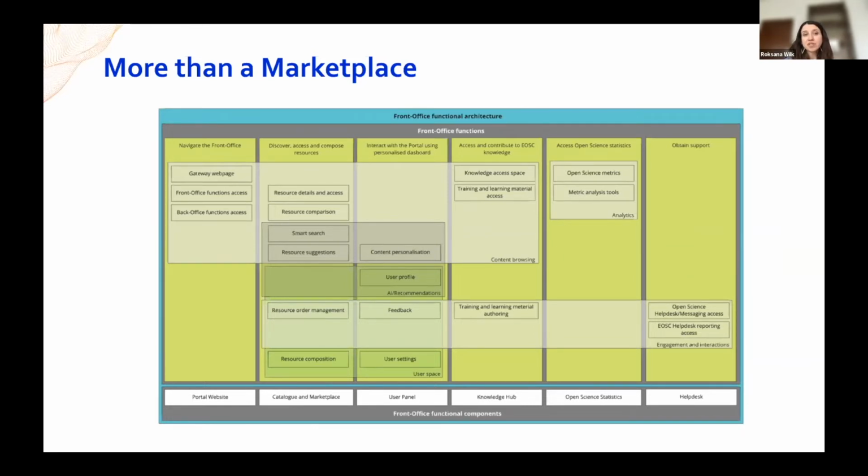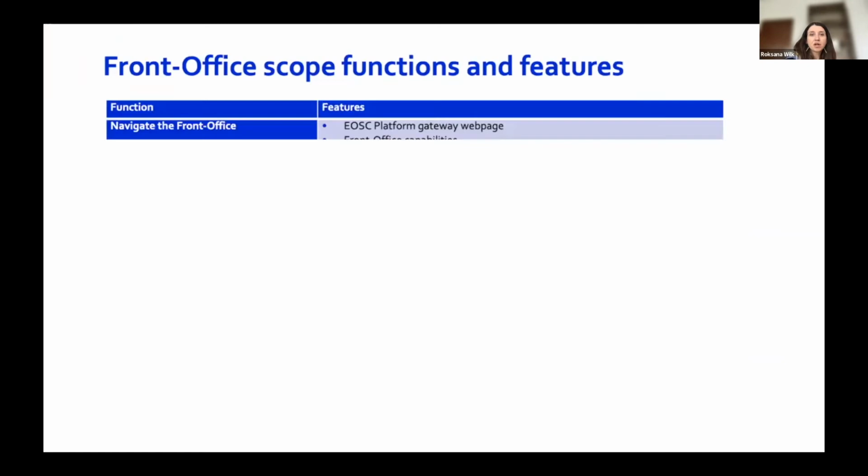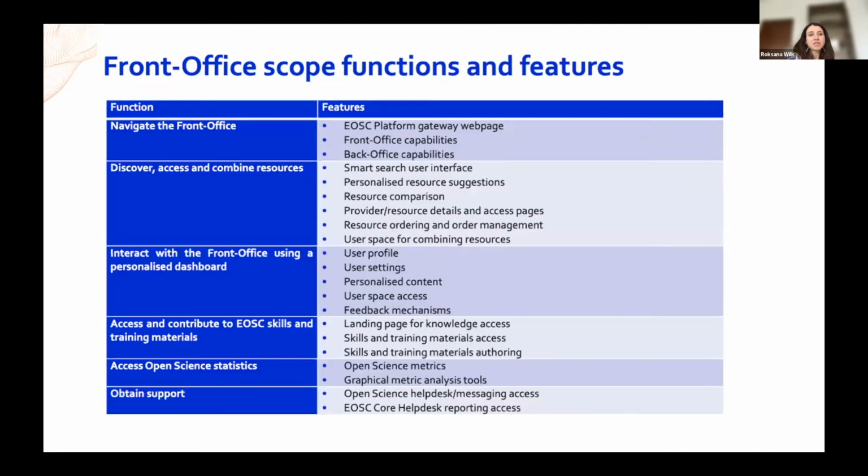So the functions that are right now under development are the navigational functions of the front office. This is the main entry gate of the platform that then navigates to either the user part or the provider part of the platform.